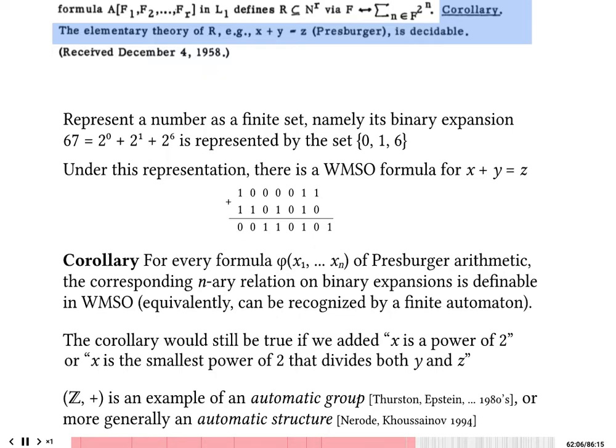Using the proofs and ideas that you can see on these slides, you can conclude that for every automatic structure, not only are the relations definable by automata as assumed by the definition, but also every first-order formula is definable by an automaton, and therefore, in particular, the first-order theory is going to be decidable.